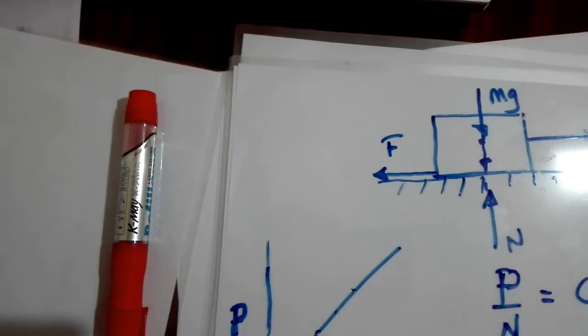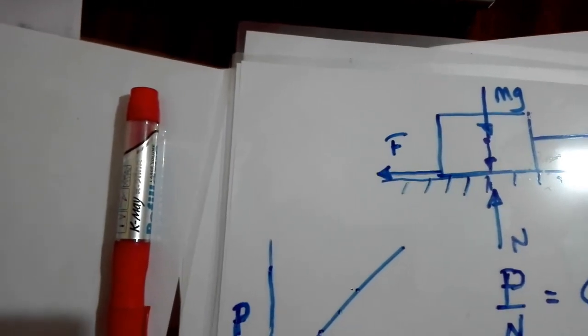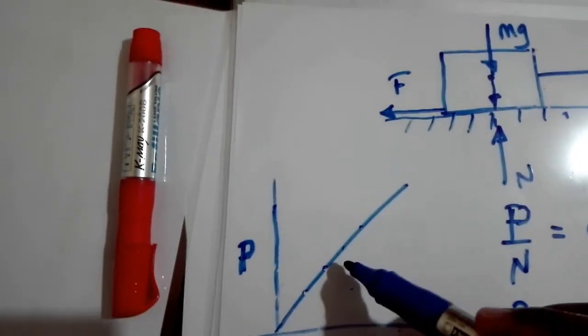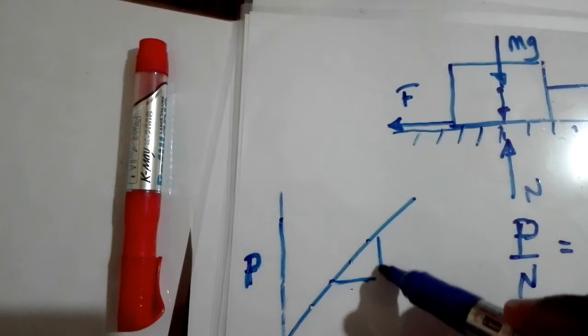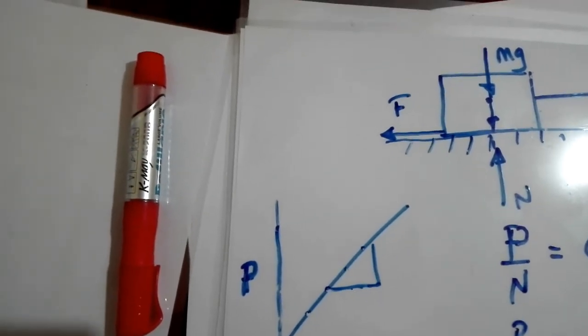That's to say, if you keep on changing the mass of the object being pulled against the frictional reaction, the force P increases, and we see a linear relationship here. And if we take the gradient of this curve, we will get our coefficient of friction.